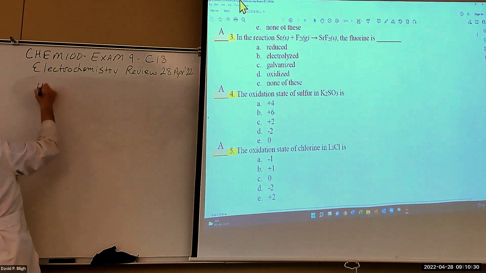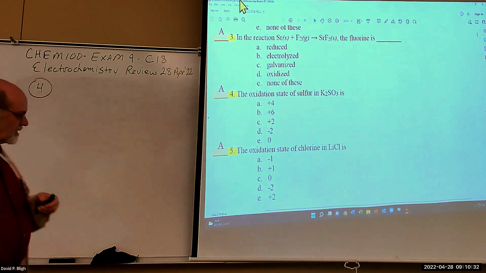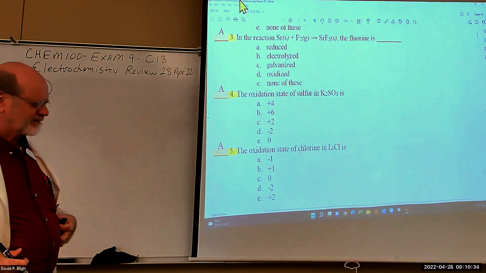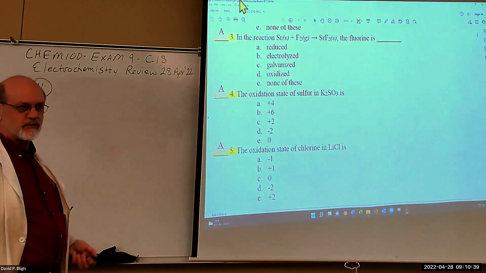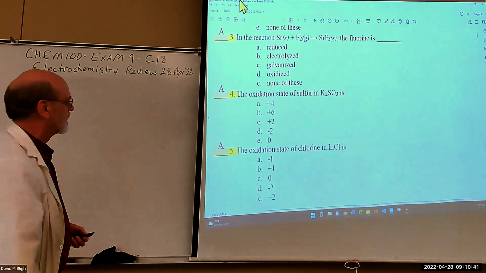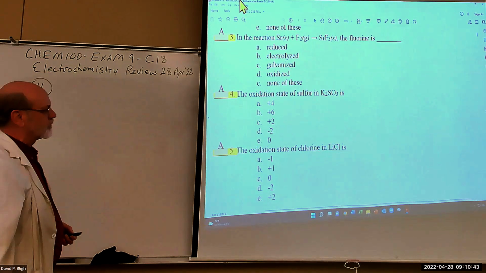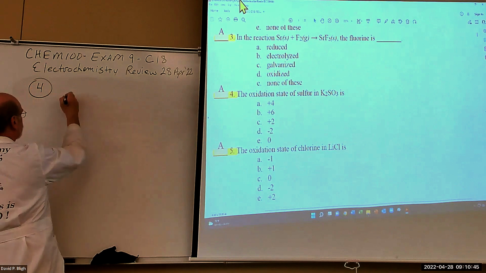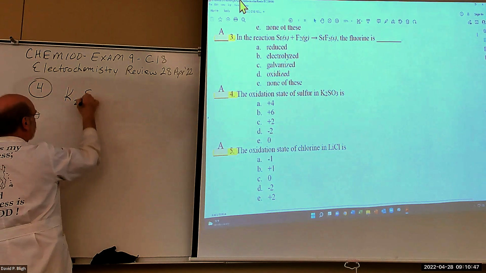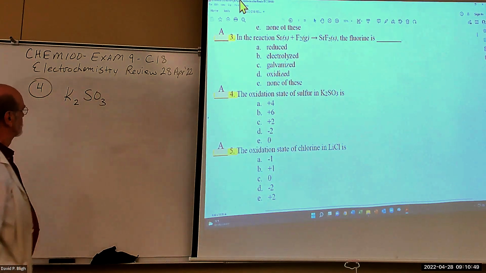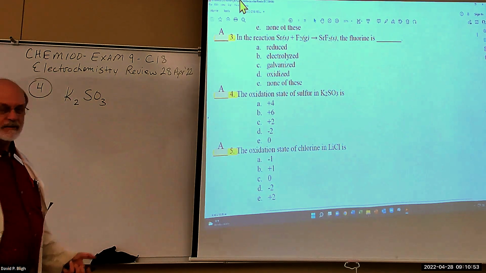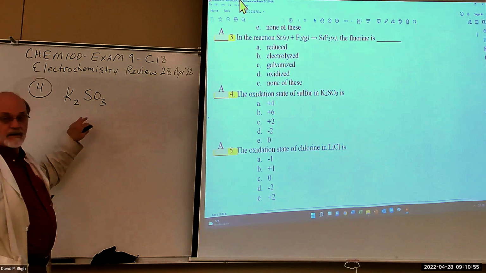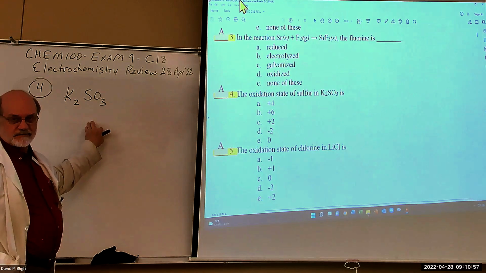Number 4. We're taking these first ones in order. Then when we hit some repetition, we'll skip those. Oxidation state of sulfur in K2SO3. By the way, what would we name that compound? Type 1, type 2, type 3.